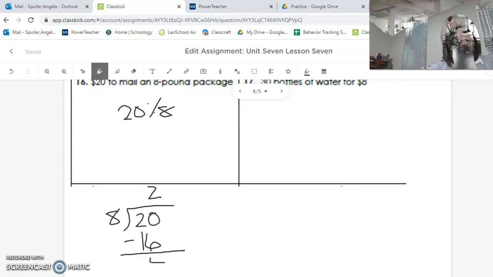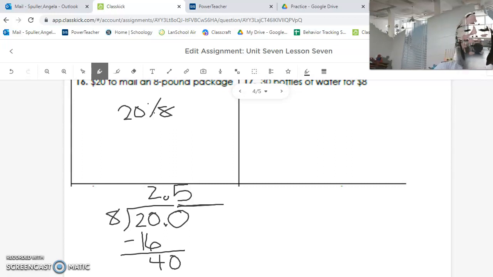Minus that, I get 4. Put a decimal, move it up. 8 goes into 40 5 times. Now remember, when we're talking about money, there's two numbers behind the decimal. So if it's not showing, it's a hidden 0. So the cost of one package is $2.50.